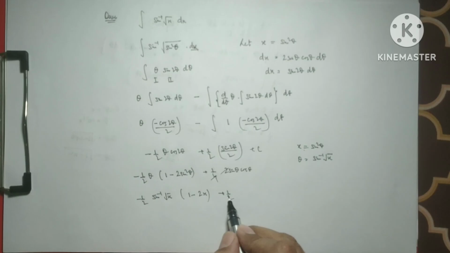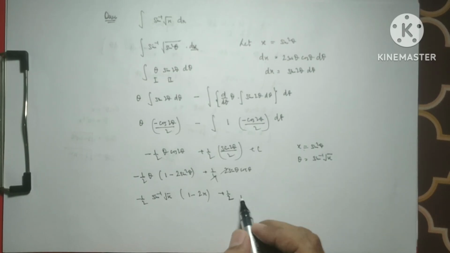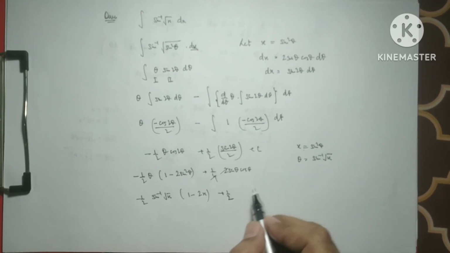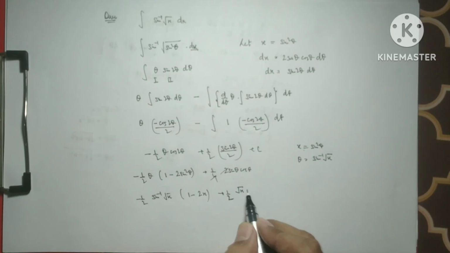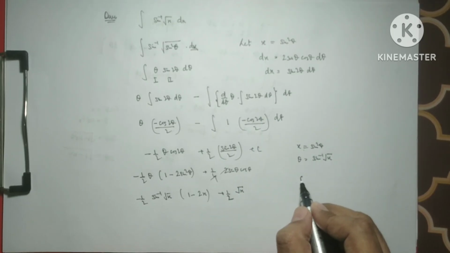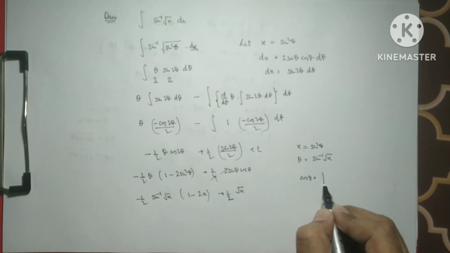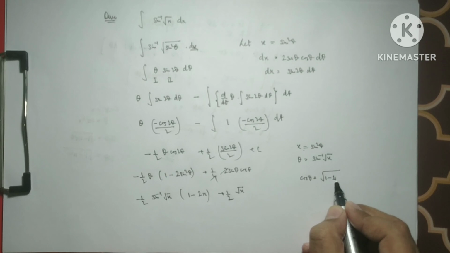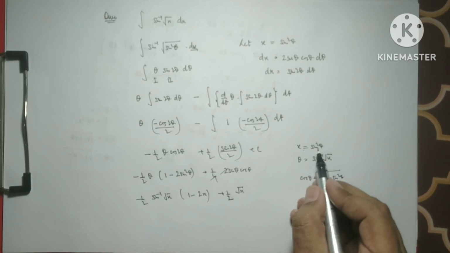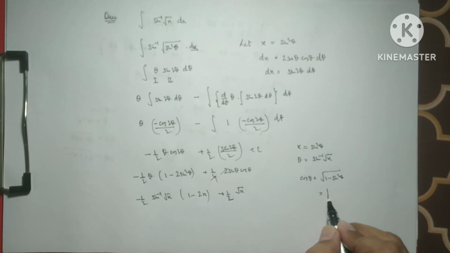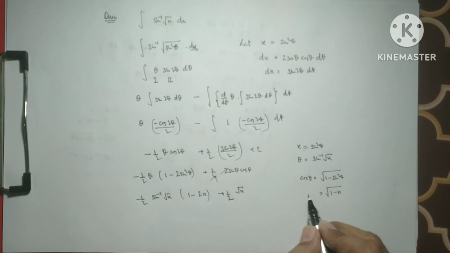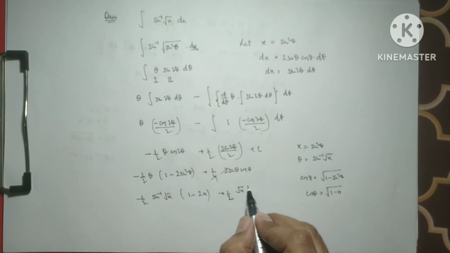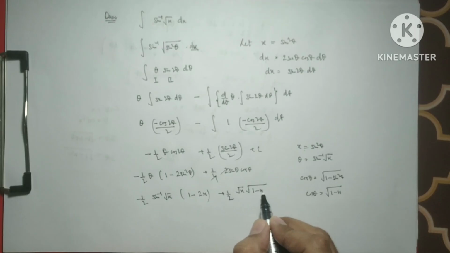and there is sin theta. Sin theta is under root x, and cos theta will be under root of 1 minus sin square theta, and sin square theta is x, so it is 1 minus x. So we substitute this value, under root 1 minus x plus c.